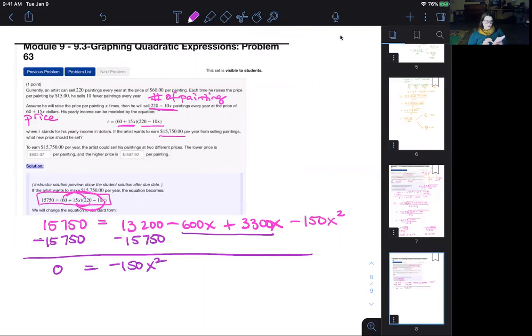So that's 3,300 minus 600 is a positive 2,700x. And then here we have the 13,200 minus 15,750.